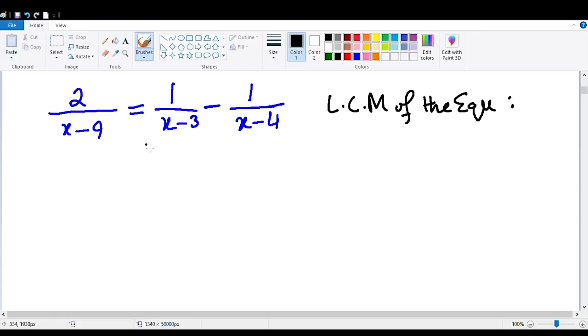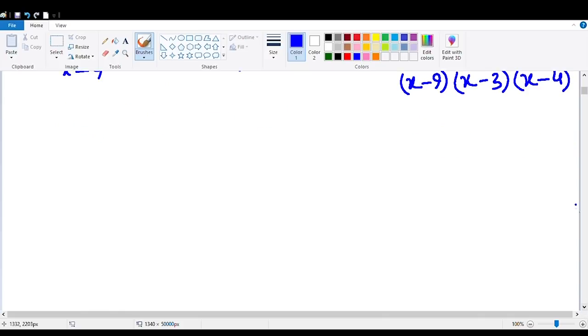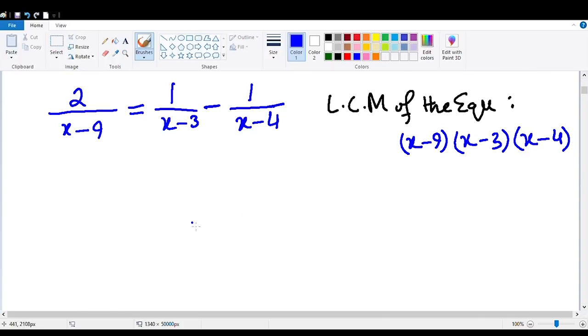So we're going to do that, and the LCM of this equation will be x minus 9 into x minus 3 into x minus 4. Yeah, actually we'll write it down here.